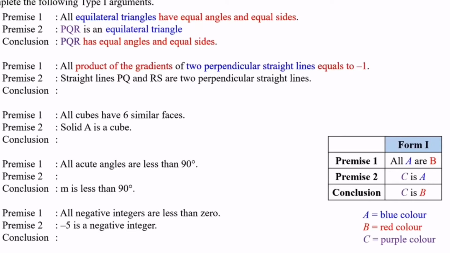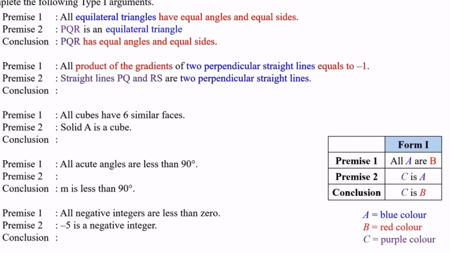For premise 2, straight line PQ and RS, we use purple color because that is our C. Perpendicular lines will be blue color, meaning those are the same.